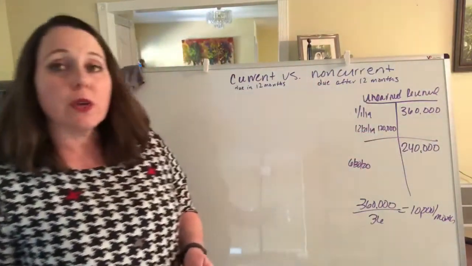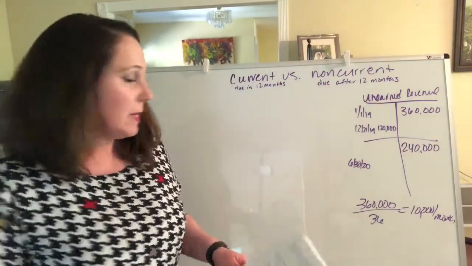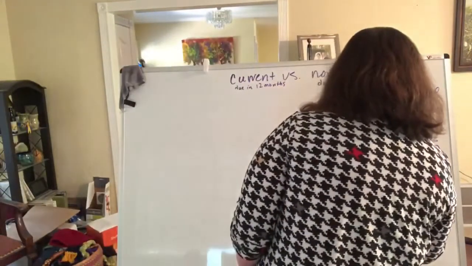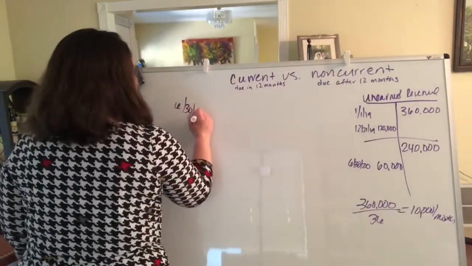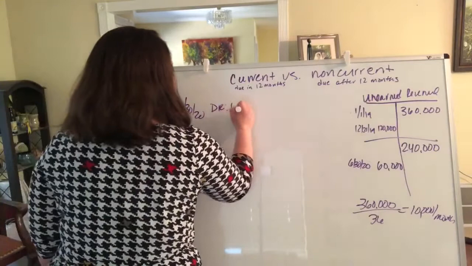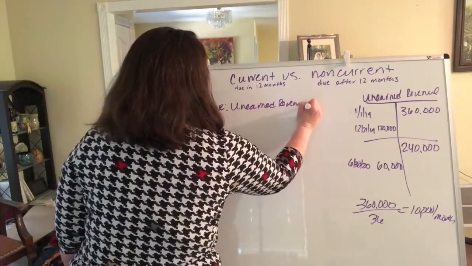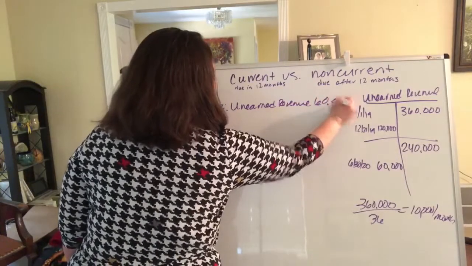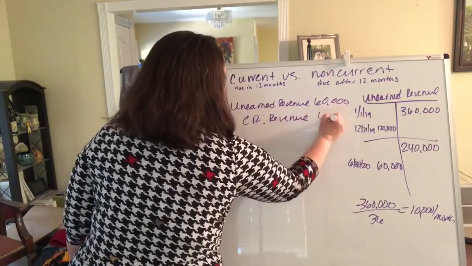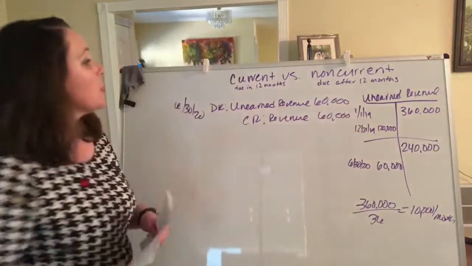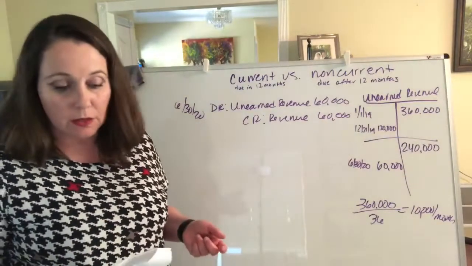So we are going to record a journal entry for 6 months worth of revenue, which is going to be 60,000. So we're going to debit unearned revenue, 60,000, and we're going to credit revenue, 60,000.